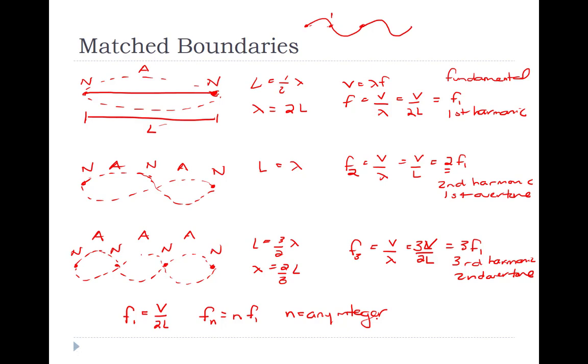On the other hand, as we saw for mismatched boundaries, I had a node at one end where it was fixed, and at the other end I had an antinode. So the oscillation envelope looked something like this. If I come back to my wave, that's going from here up to here. I never make it back down to equilibrium.